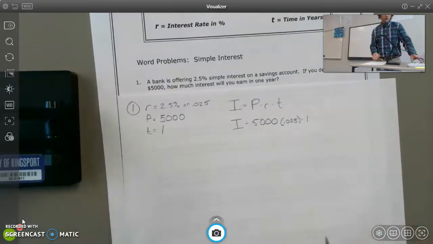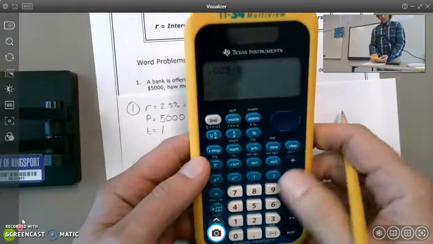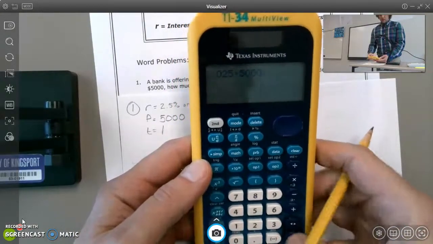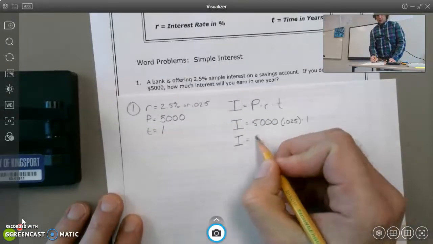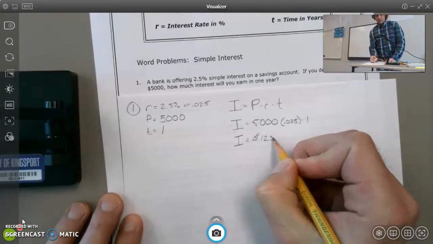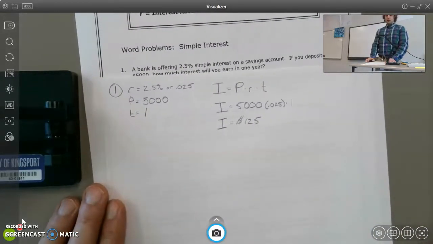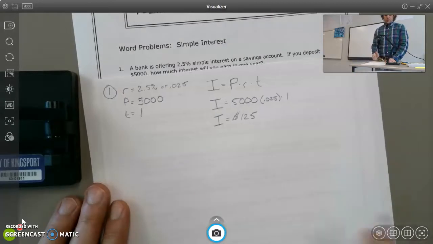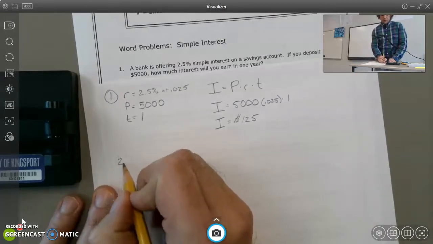We can put times 1 there. And what is 2.5% of 5,000? And that is $125. So $125 would be our interest on a $5,000 deposit, 2.5% for 1 year.